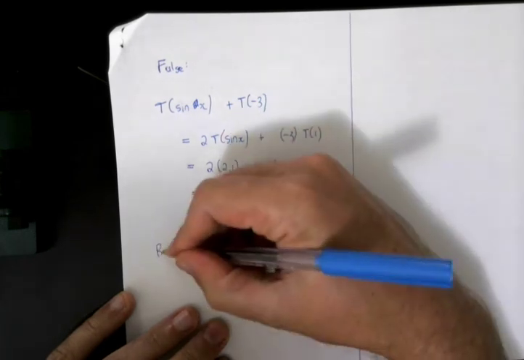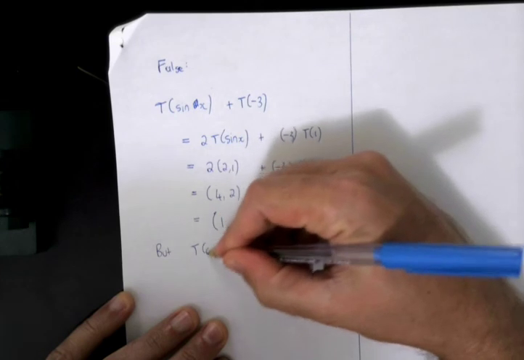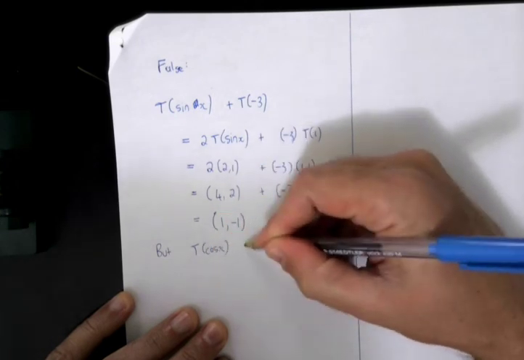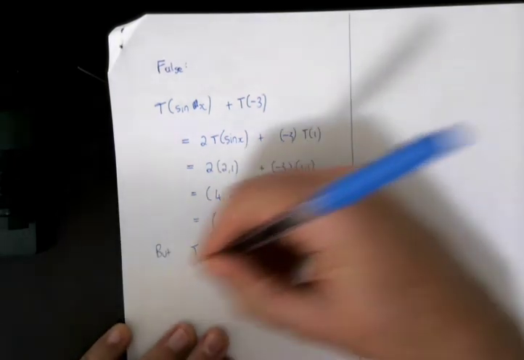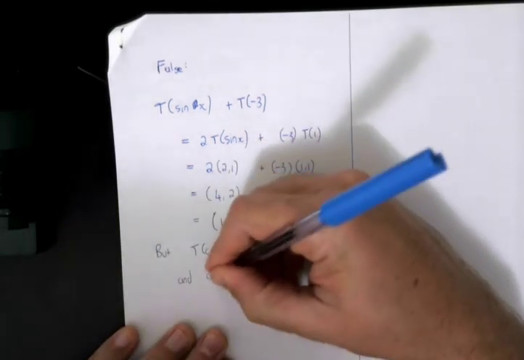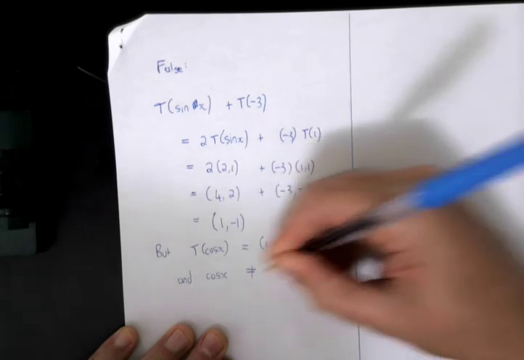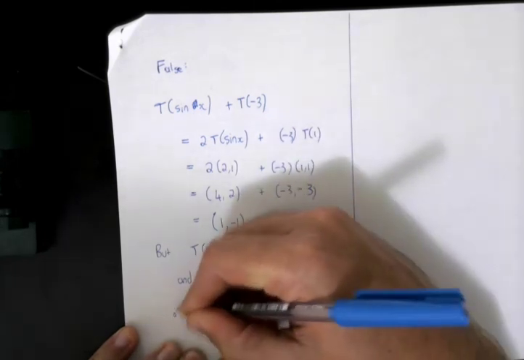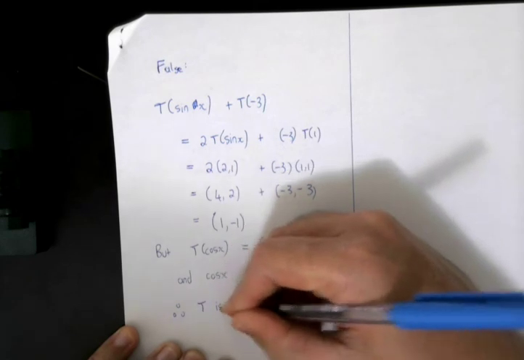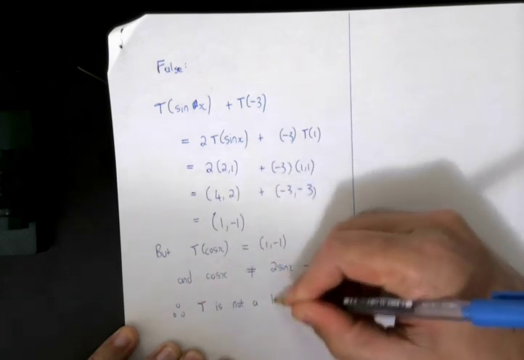Okay, and then the next line says, but T of cos x is equal to (1, minus 1), and cos x is not equal to 2 sine x minus 3. So therefore, T is not a linear map.